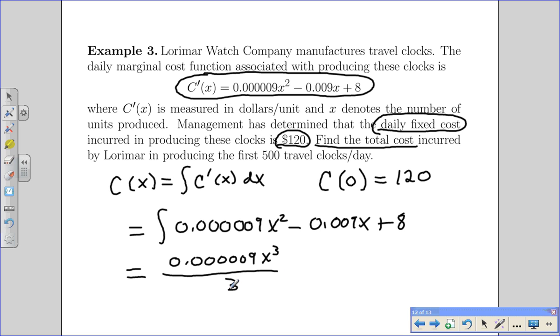Even though I have that very small decimal in front there, you just add 1 to the exponent and divide. And then minus 0.009 x squared divided by 2. The integral of 8 is 8x. So don't forget to put your plus c on the end of that equation.